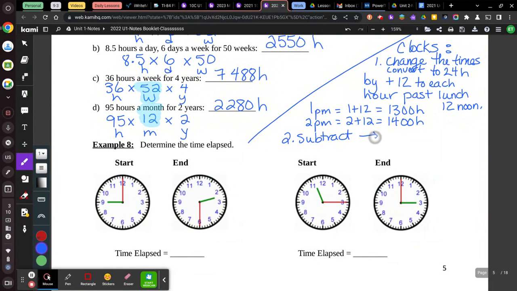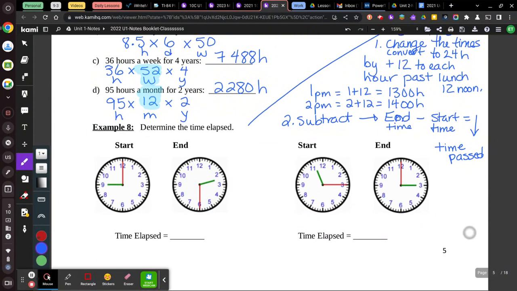So we take our ending time, subtract our starting time, and that equals the time passed.